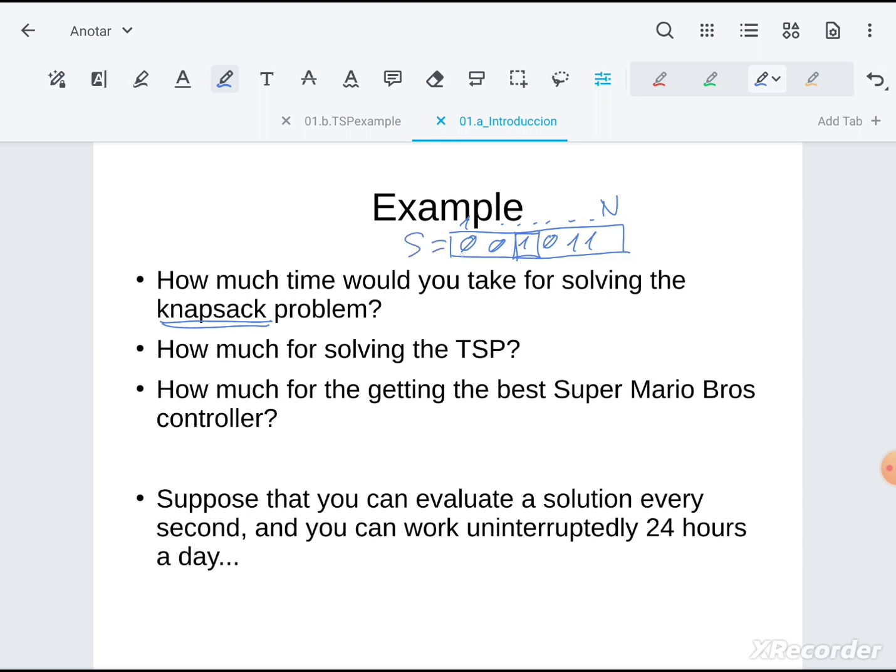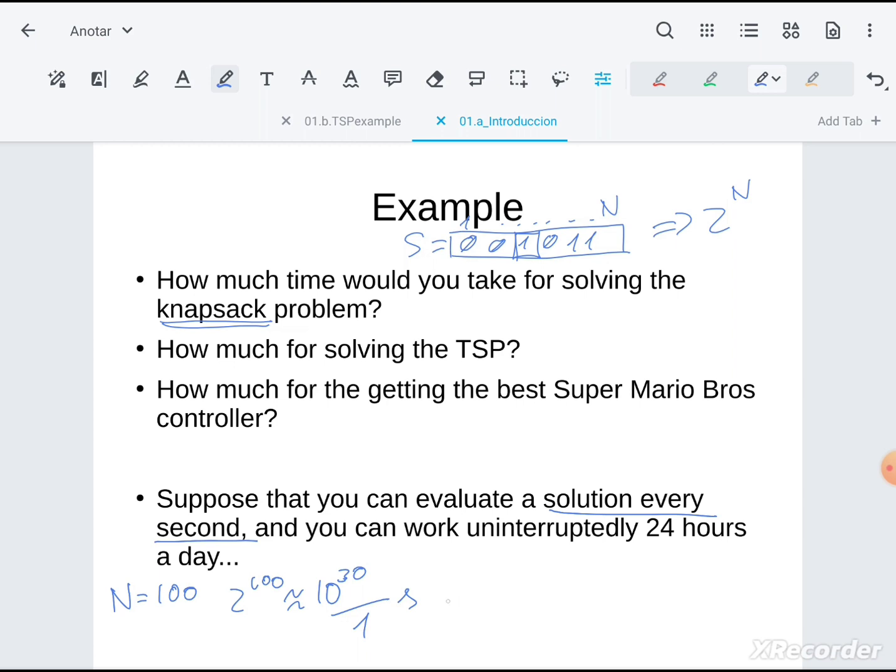So what is the number of different solutions for these problems? It is 2 to the n. If you are able to evaluate one solution every second, and suppose you have a problem with 100 objects, then the number of possibilities is 2 to the power of 100, which is similar to 10 to the power of 30. If you divide by one solution per second, you will last this number of seconds.